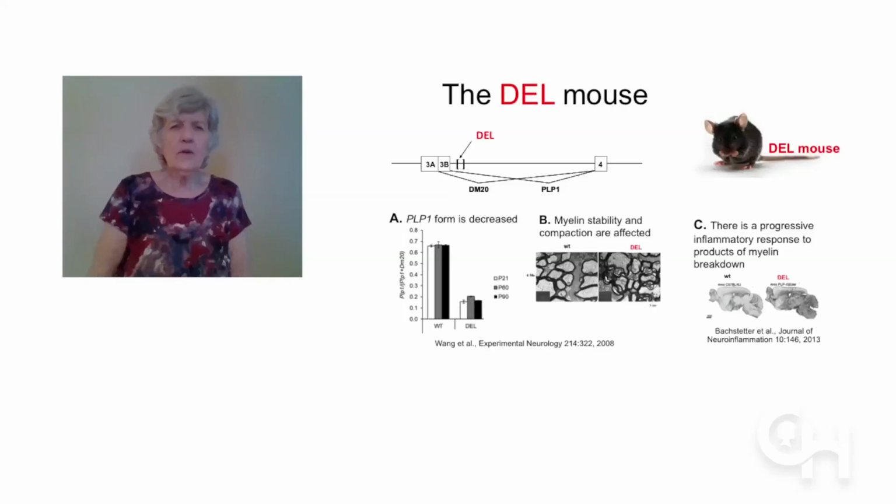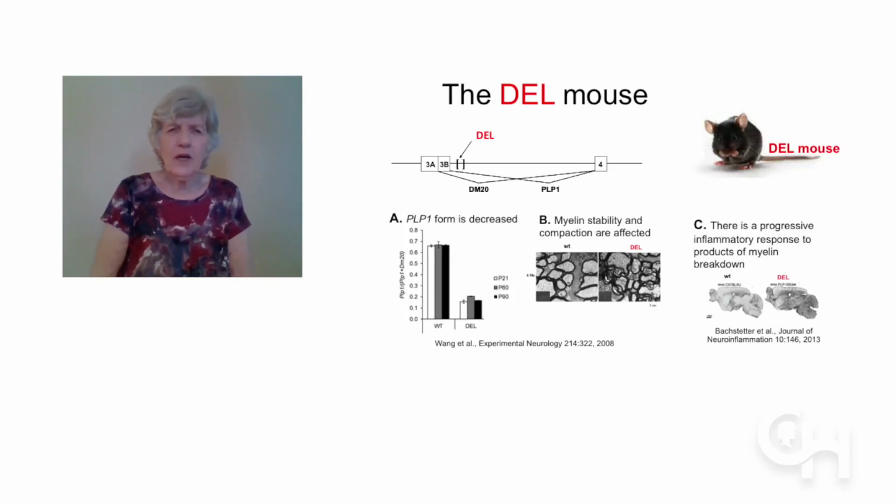This shows our results with the DEL mouse model. Very briefly, in A, we confirmed that the PLP form is decreased in RNA from the brains of the DEL mice, from about 65 to 70% of total in wild-type mice to about 20% in DEL mice.